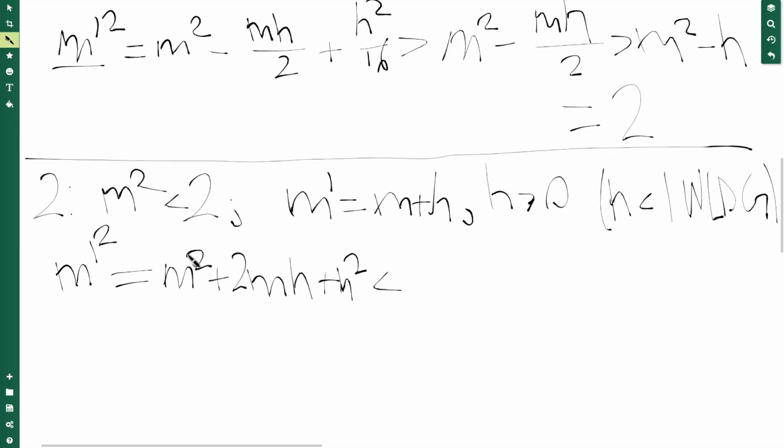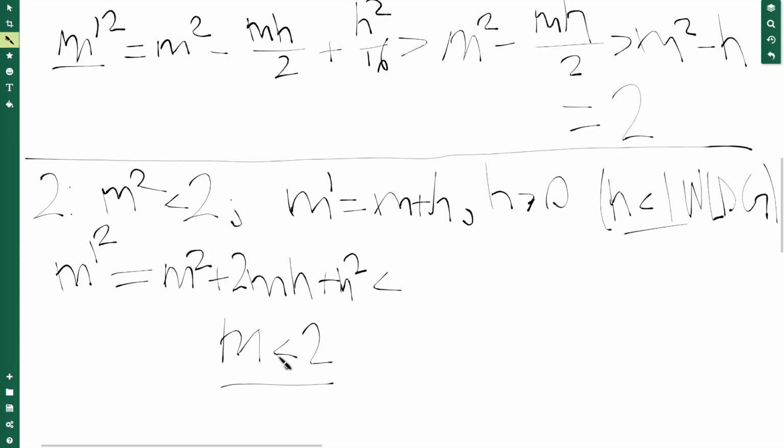Okay. Well, we have the following. Notice that we actually have that m is less than 2, right? Because 2 is an upper bound for the set, and in this case, we're supposing that m is in E3, so this still holds. We also have this condition, h is less than 1, and it's not too hard to show that if h is between 0 and 1, exclusive, then h squared is strictly less than h.